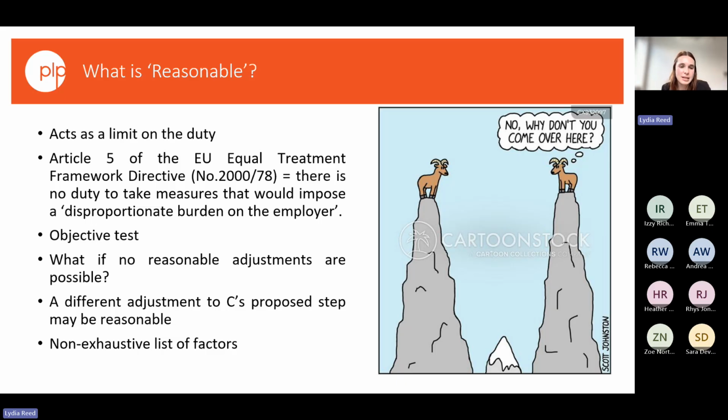So reasonableness, as with other areas in the Equality Act, is linked with proportionality. The test is an objective one.